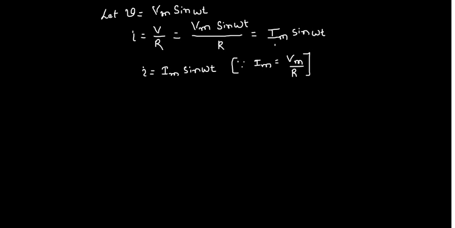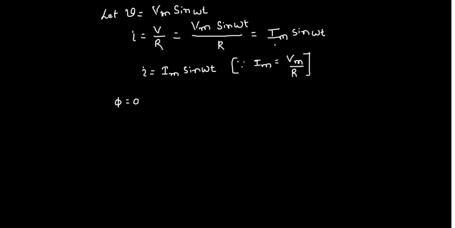Now the phase difference between the voltage and current in the case of a pure resistor is 0, since both are in phase with each other. So we take phi as 0, because there is no phase difference.